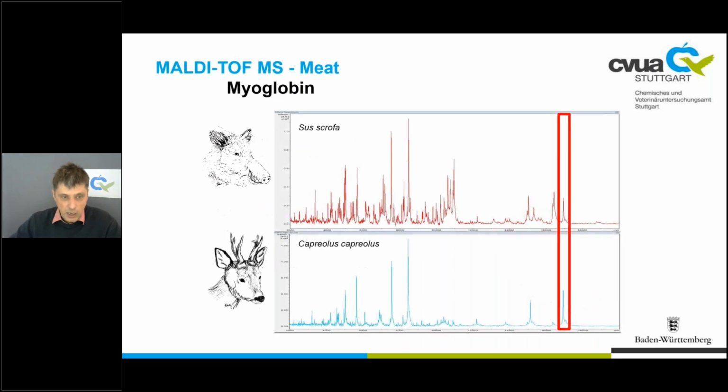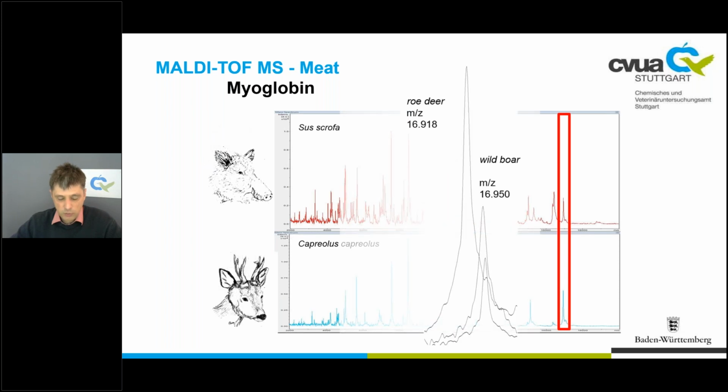Myoglobin has mass-charge ratios in our usual window. Different animals show different Dalton values for this major protein, as shown here for wild boar and roe deer.